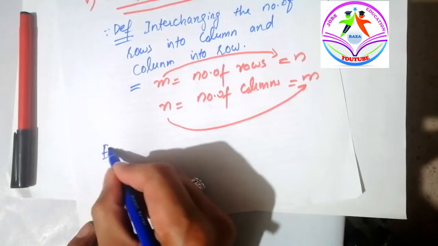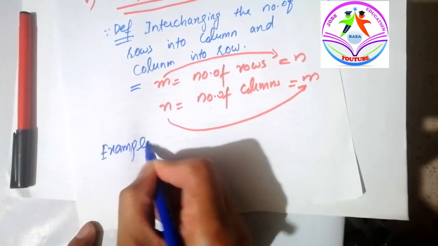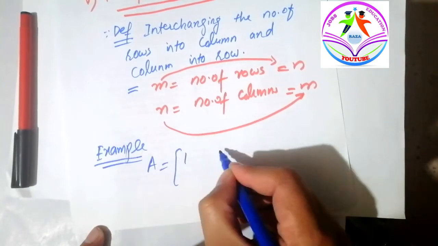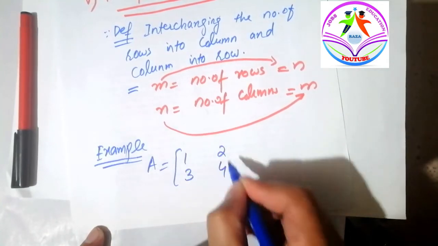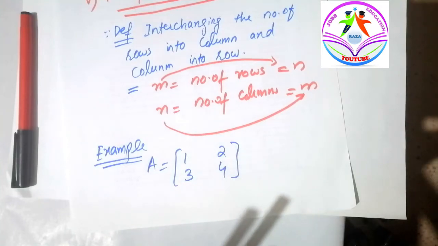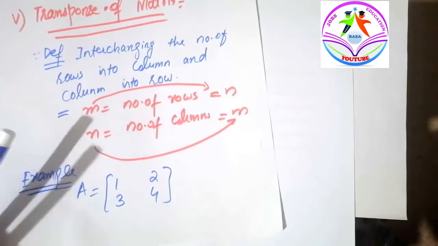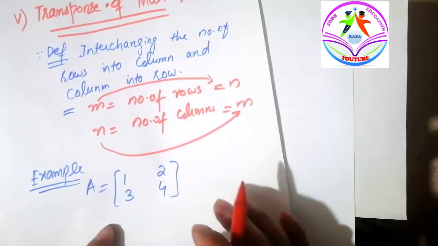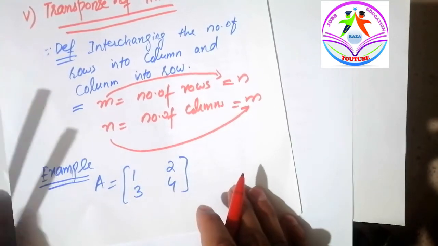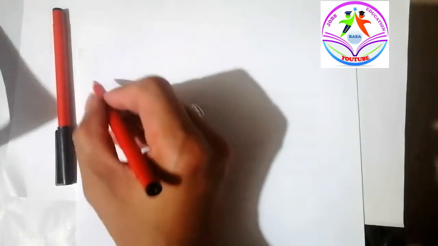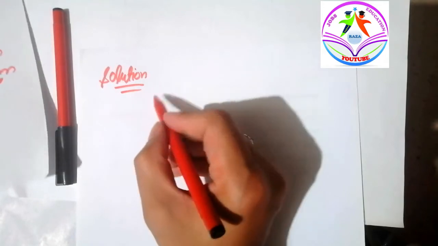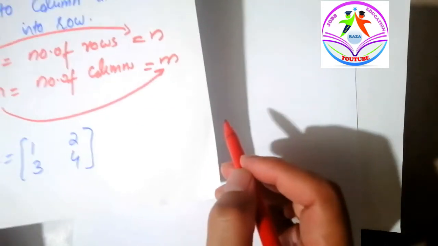For example, we have A matrix 1, 2, 3 and 4. So how can we solve that? We can interchange the number of columns into rows and rows into columns.